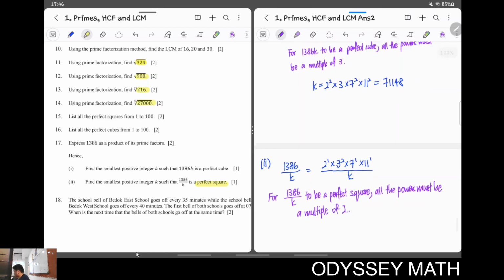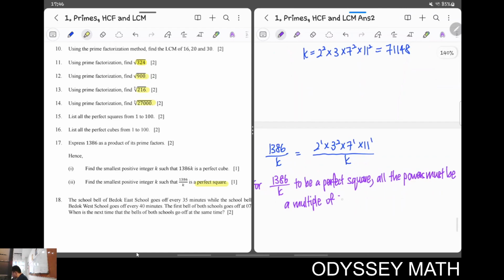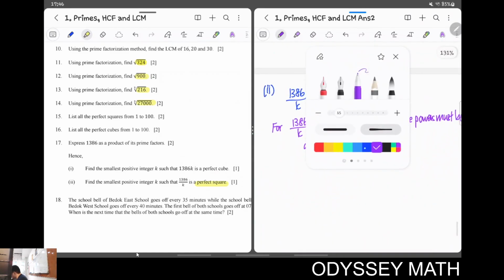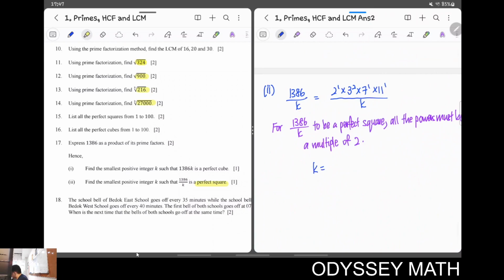Okay. So now let's take a look over here. I'm going to write k equals below again.